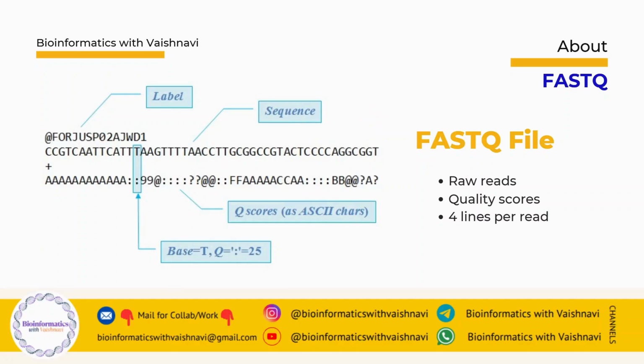You don't need to memorize them right now. Just know that the quality information is stored in the FASTQ file. In simple words, FASTQ answers two major questions: what was sequenced and how confident the machine was about it. And that's why FASTQ is always the starting point of bioinformatics analysis.